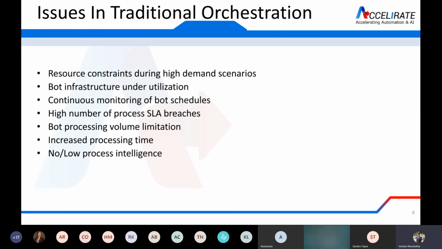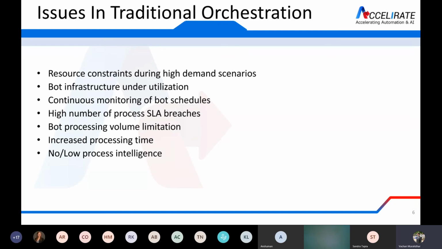We have found a lot of processes, for example, in COVID-19, where clients were expecting a lot of transactions, a lot of volumes for certain processes. These volumes are more like 10x and 20x. So with the bots allocated for that particular process, they cannot handle all the transactions. So there are a lot of SLA breaches.